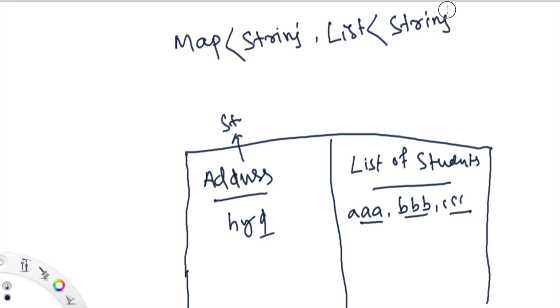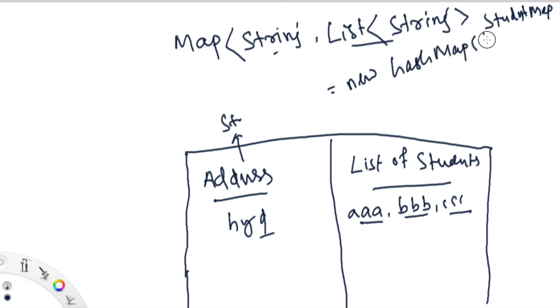Okay, so this is going to be my map syntax, the key and value pair, and I can say Map studentMap equals new HashMap. Basically I need to create a HashMap object, and there you go, I am done.